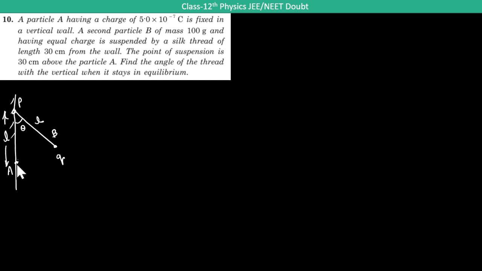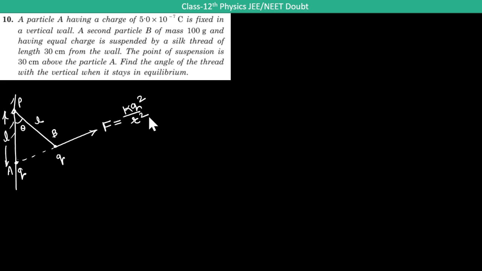But the direction of force between these two charged particles will be along the line joining A and B. So finding the angle of this force F is a little bit tricky. This force F will be kQ square divided by R square.